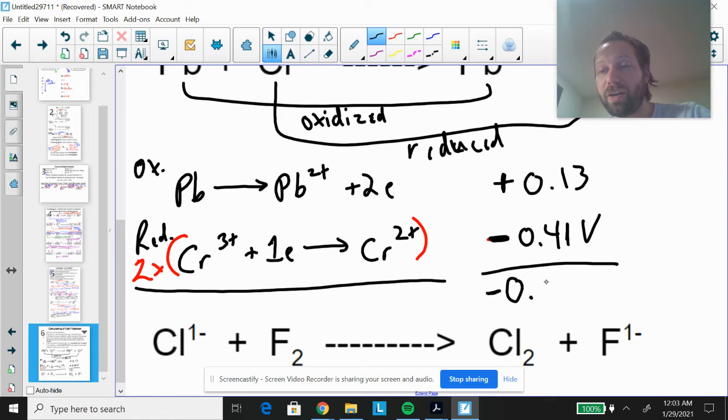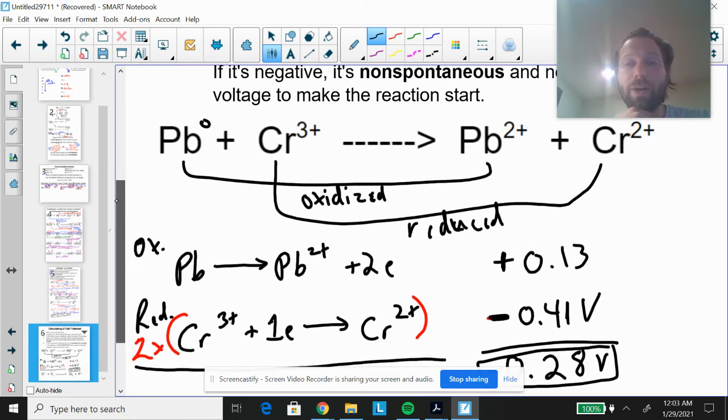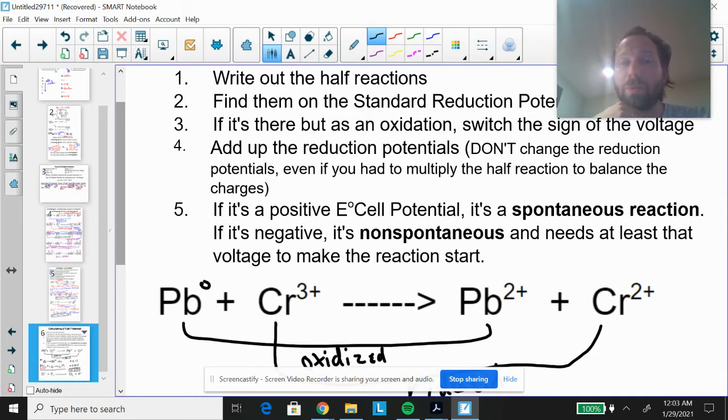I believe that's 28 volts. So what does this tell us? Well, if I go back up here for a second, right? I added up the reduction potentials, and now if it's positive, then it's a spontaneous reaction. But in this case, it's negative.